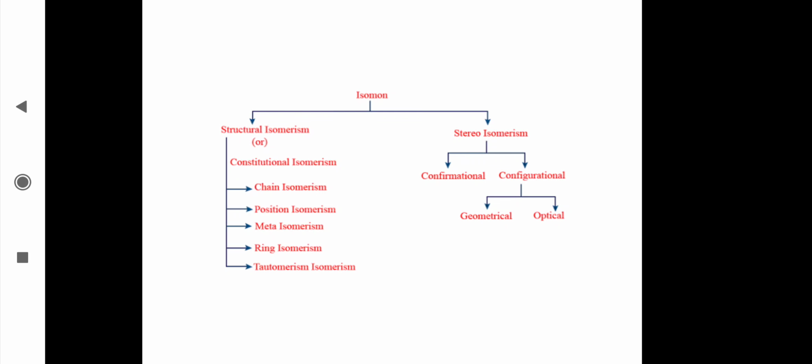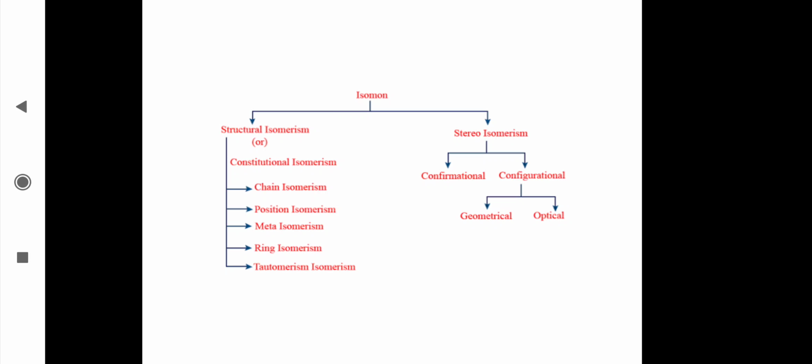Under stereoisomerism, we have conformational and configurational. Conformational means stereoisomers having different relative positions of atoms within the molecules, which can be interconverted by simple rotation. We should note that conformational isomers don't require breaking and remaking of the covalent bond.